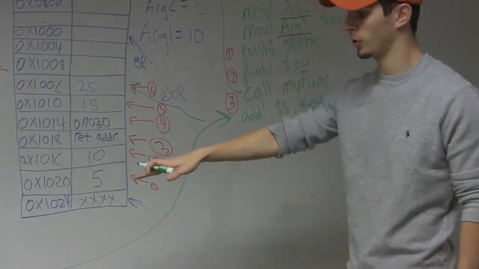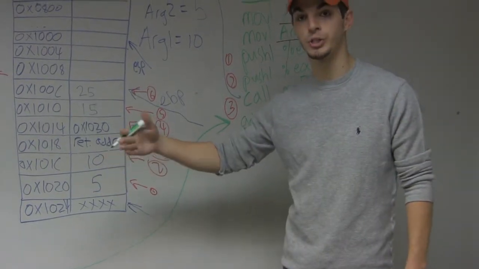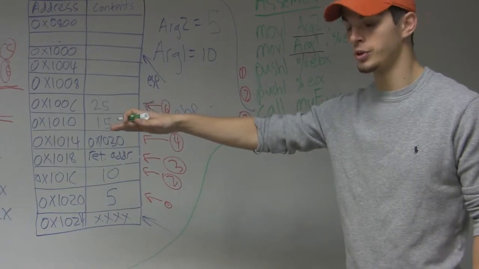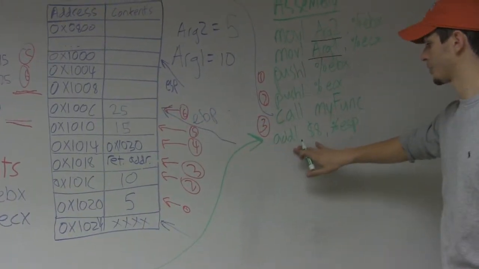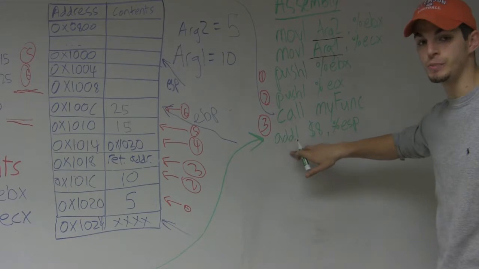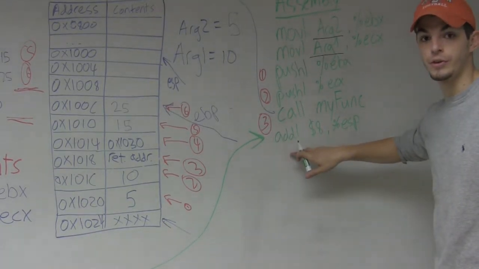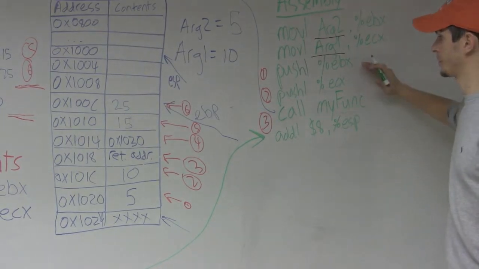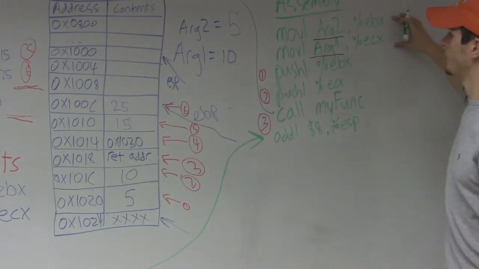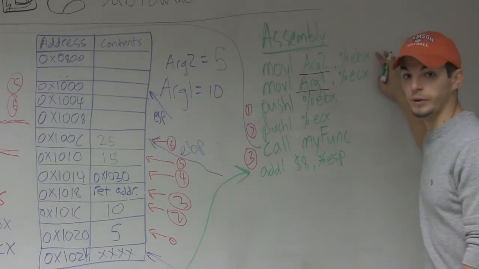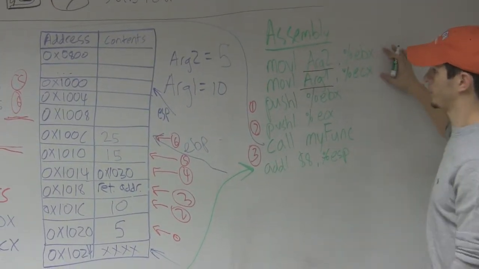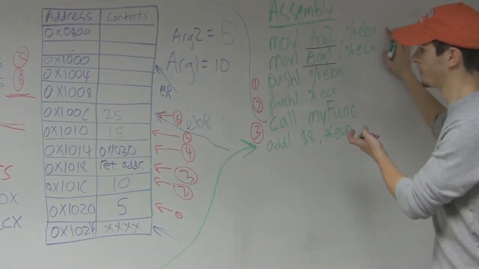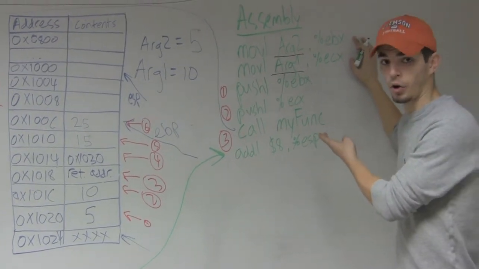And just as the epilogue restores the space allocated in the prologue for the local variables, this instruction restores the space allocated for the variables that were pushed before the call of the function, aka these two integer valued, 4 bytes each, 8 bytes total, these 2 arguments that were allocated space for in the caller function.